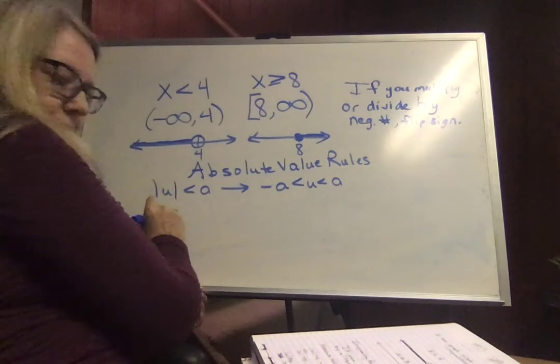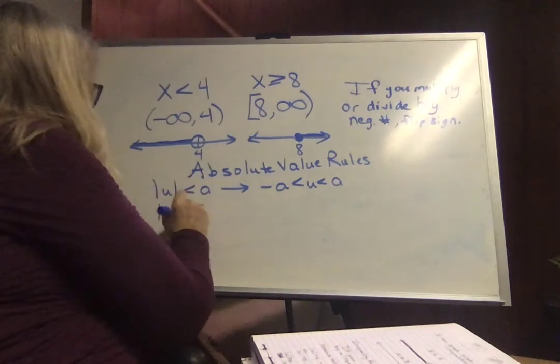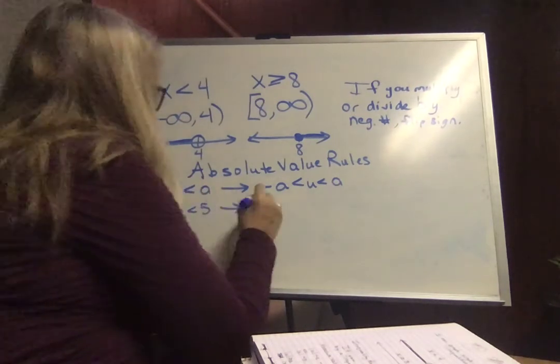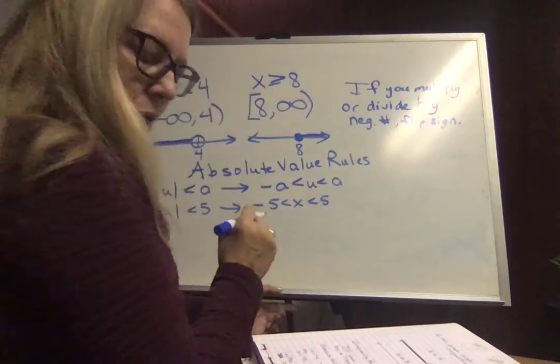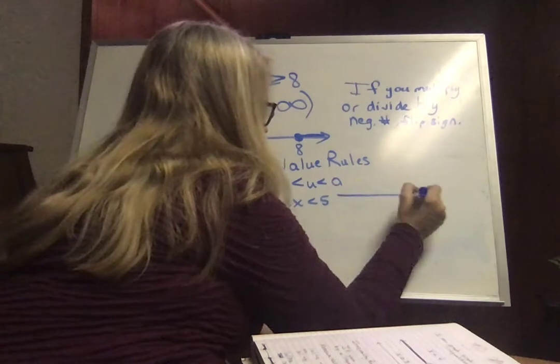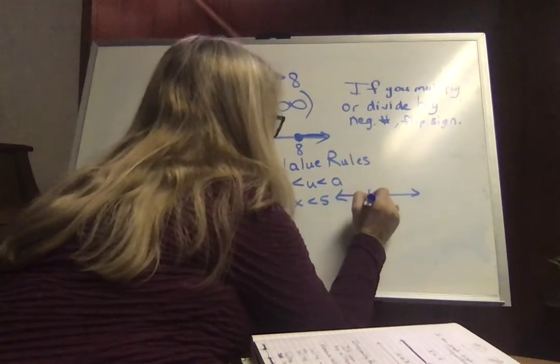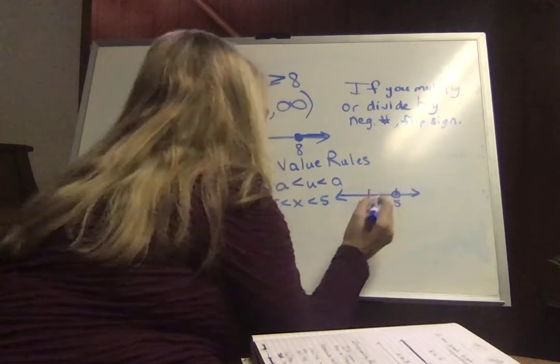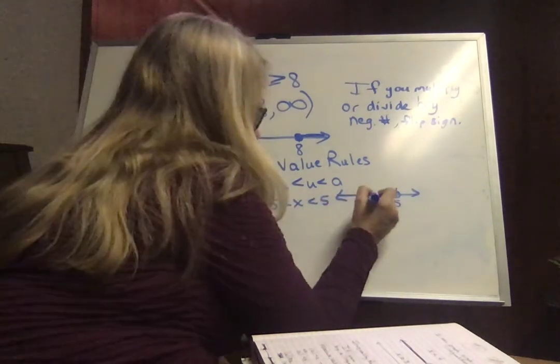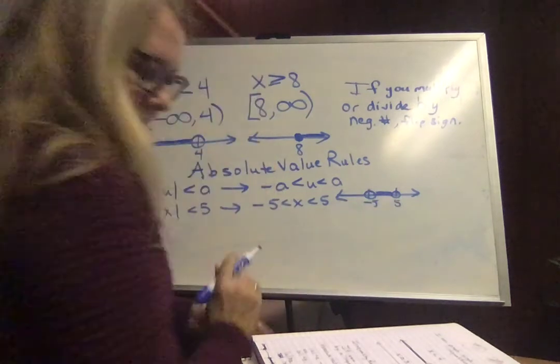In other words, if this were |x| less than 5, that translates to negative 5 less than x less than positive 5. Or graphed, it can't equal negative 5. It can't equal positive 5. But it's anything in between.